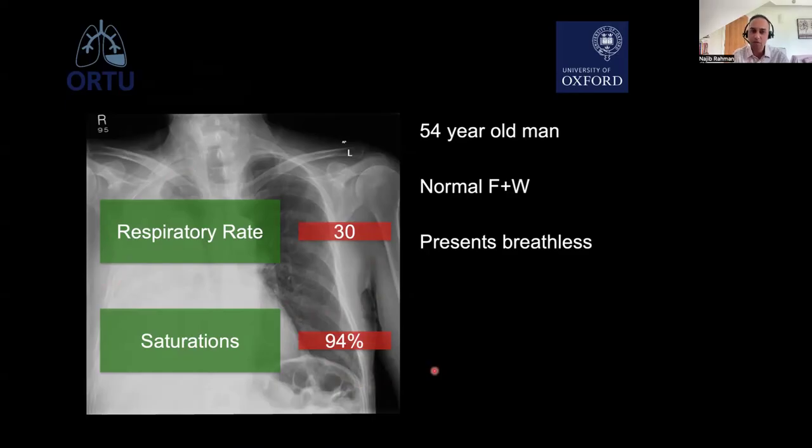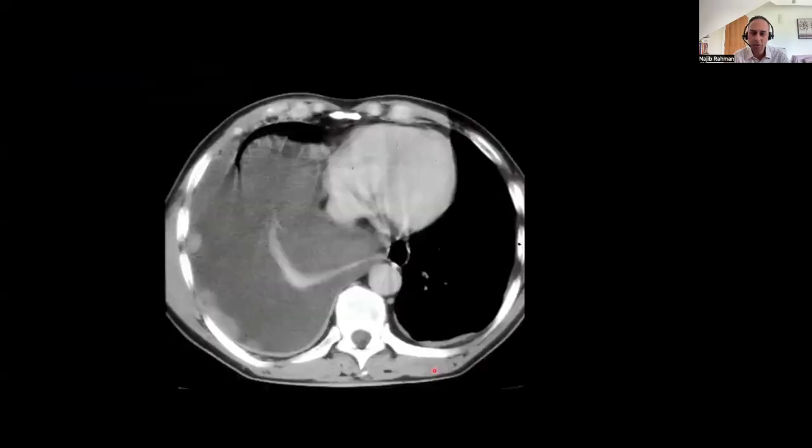So how does that make sense? Almost the entire right lung is compressed, and yet the saturations are well preserved. And this is the reason. So this is obviously a thoracic CT scan. There's malignant pleural deposits here in this poor gentleman, large right effusion, and here is the whole of the right lung, which has been completely compressed and lost all of its volume.